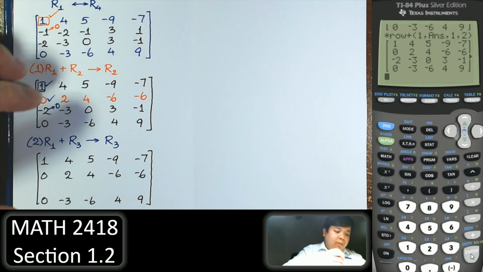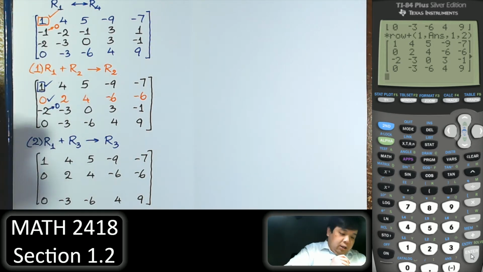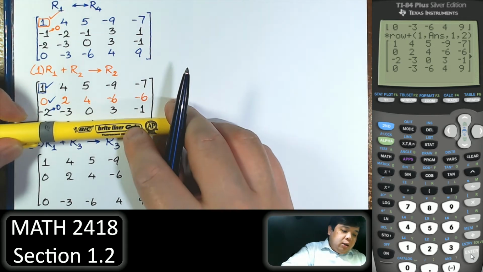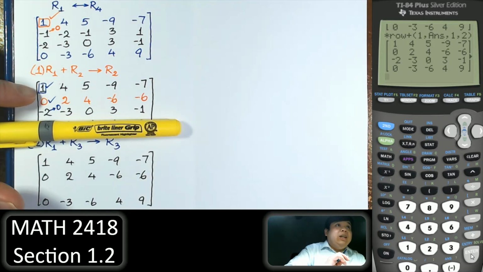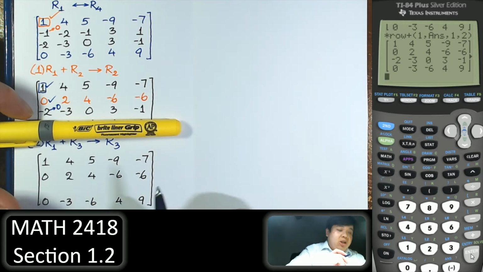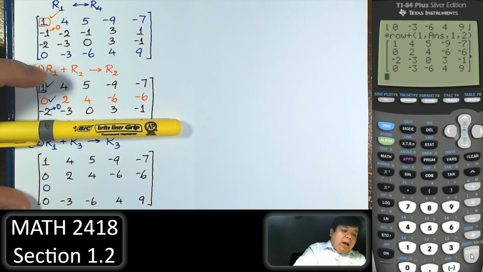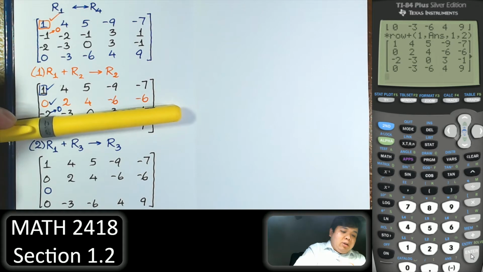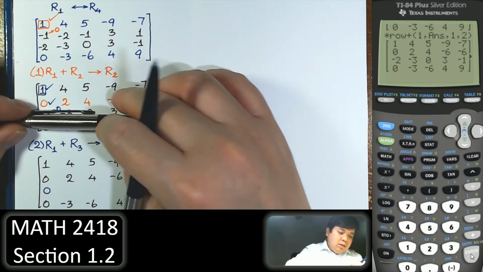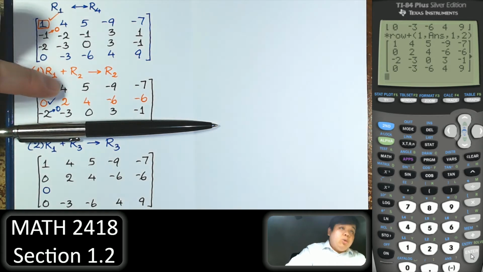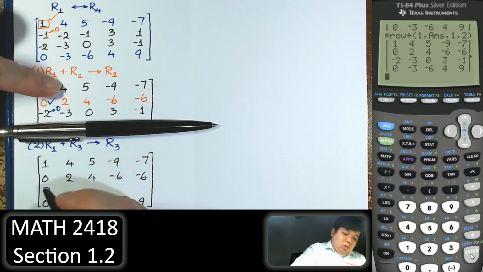Now, 2 times row 1. 2 times 1 is 2 minus 2. That's going to be 0. 2 times 4 is 8 minus 3 is 5.